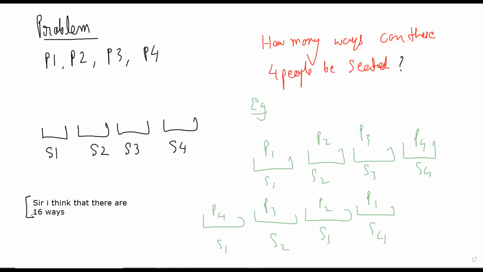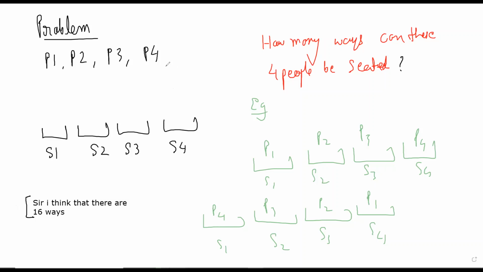There are 4 people and there are 4 seats. I think 4 into 4 will be it. But you need to give more explanation, because it seems okay, 4 into 4, but there is no reason. It is based on the most obvious thing to do.